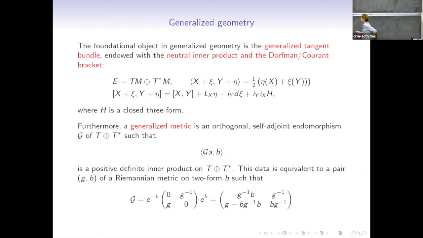And you can combine this in your algebraic story, and this is essentially equivalent to a pair of a standard Riemannian metric G and a two-form B. And then the orthogonal G is expressed as follows. This is the natural orthogonal G, but then conjugated by B.